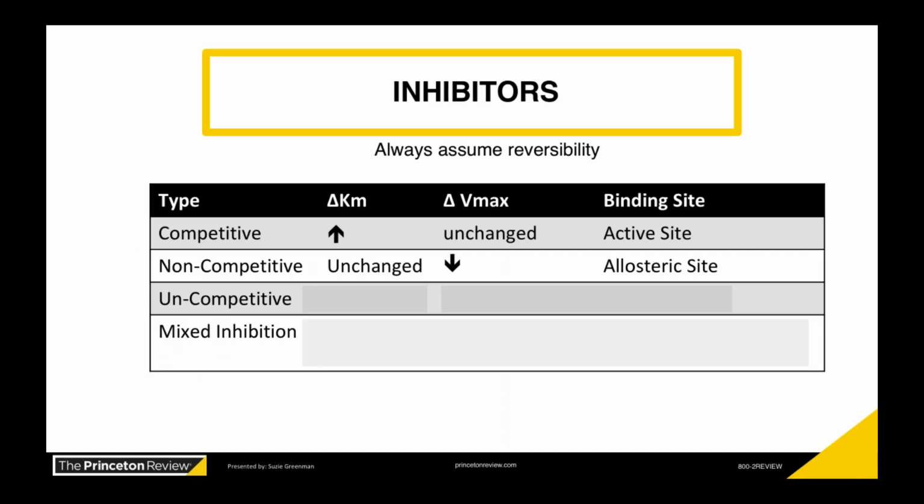So our third one, uncompetitive. All right, so where does an uncompetitive inhibitor bind? So this guy's a little bit different. He binds at what's called the enzyme substrate complex, which means that he binds to the enzyme after it's already bound to the substrate. I like to think about this guy as like a staple.